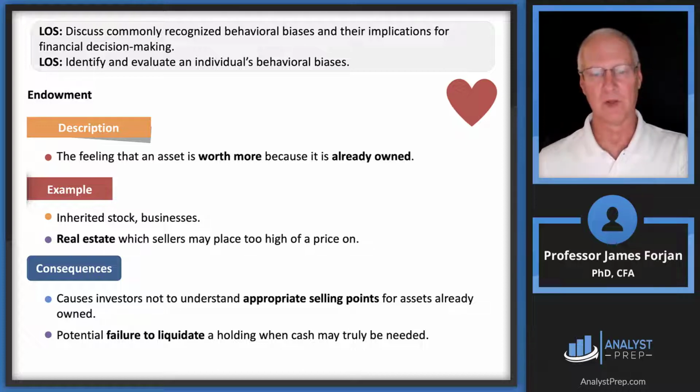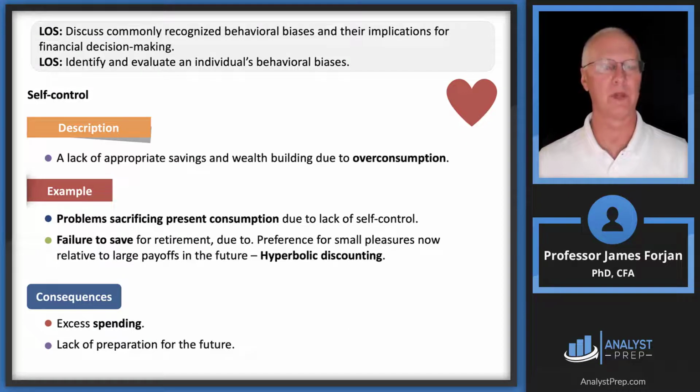But look at the consequences. Boy, we'd have no idea about what are appropriate selling points for the assets that are already owned, especially if we inherited a share of stock or if we inherited a business. Potential failure to liquidate. That makes sense.